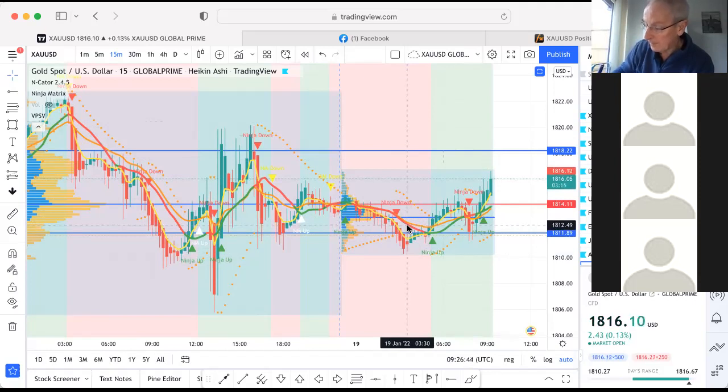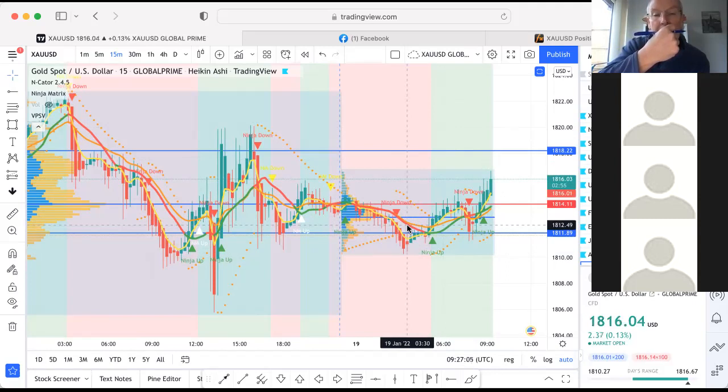The yellow moving average is the 5 moving average. The one that changes from green to red is the 13 moving average, and the orange one is the 20 moving average. I use those all the time.